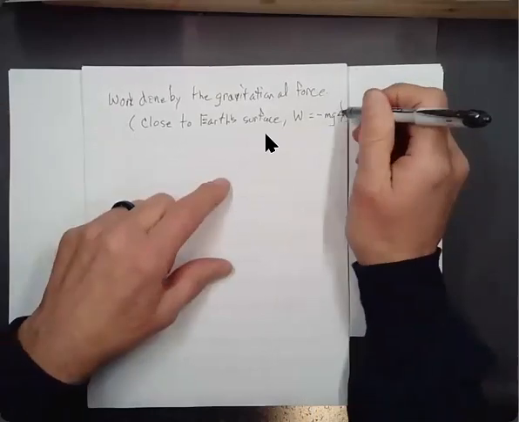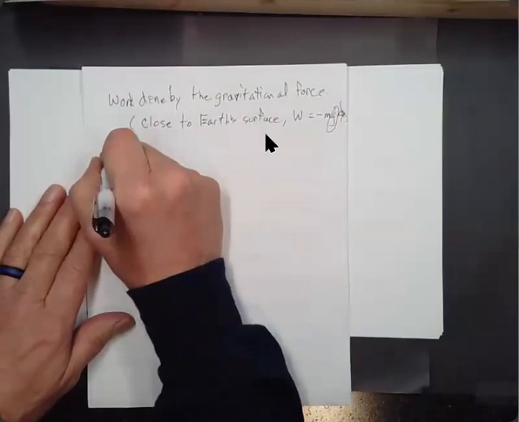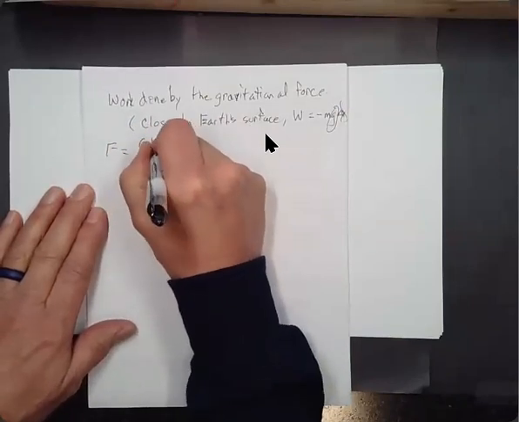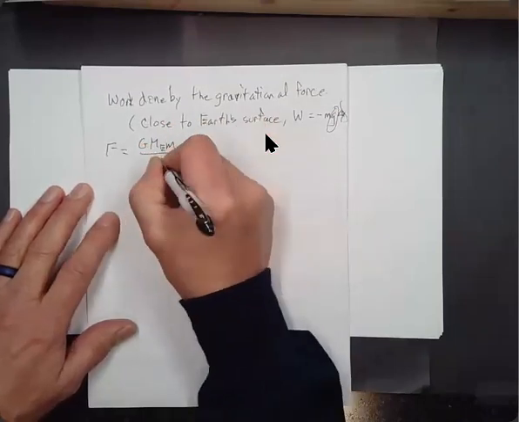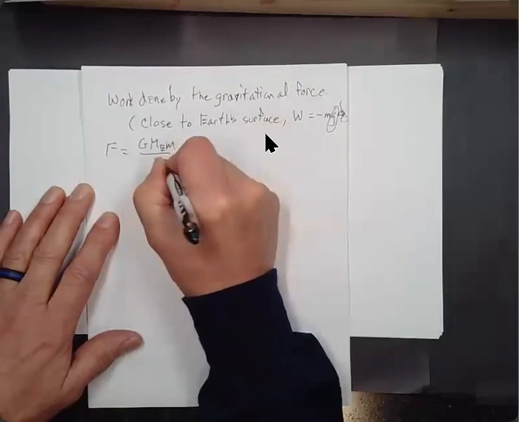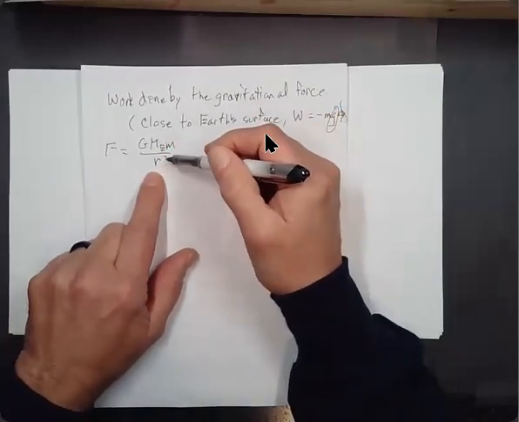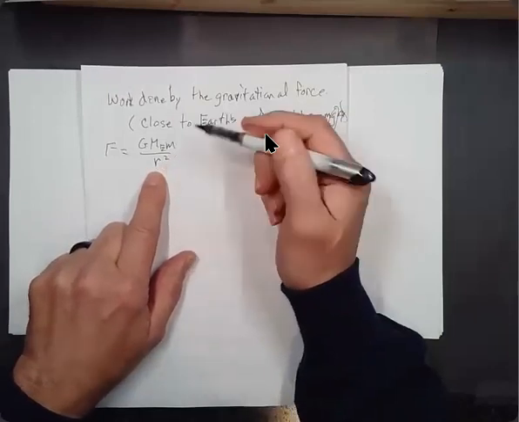Well, that works as long as g is constant. But as we found out last week, the force gets weaker with distance. It's G times the mass of the Earth times the mass of whatever object it happens to be, divided by r squared. If we're sitting on the surface of the Earth, we can replace the lowercase r with the radius of the Earth.